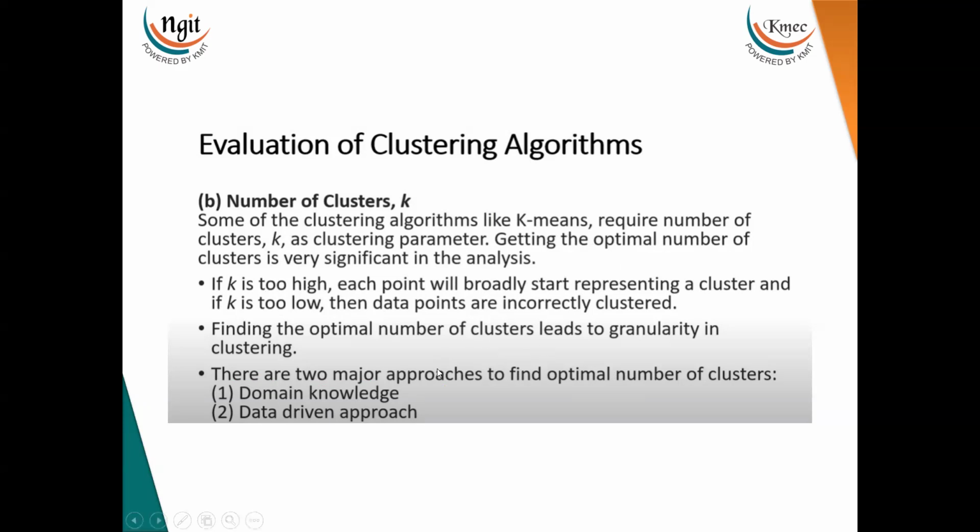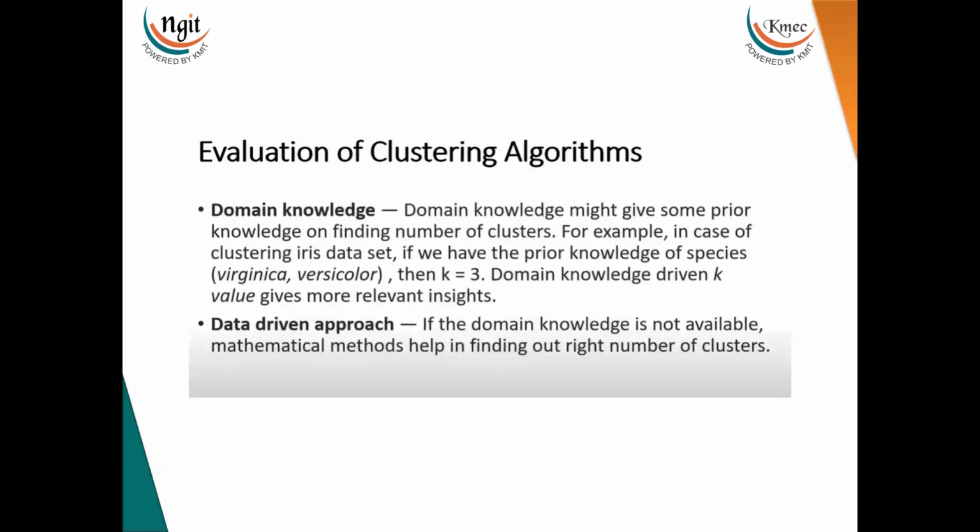Next, how do we select the optimal value for k? Basically, we have two approaches to select k, which are domain knowledge and the data driven approach. Domain knowledge means that if you are aware of the domain of the data set, we can identify the number of clusters needed.